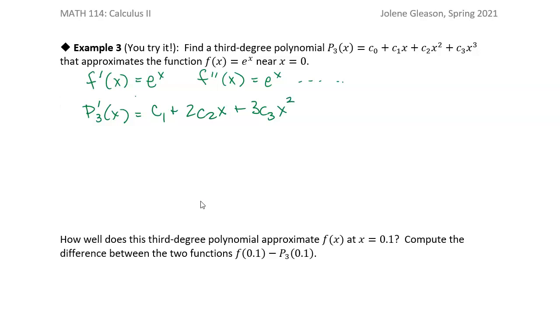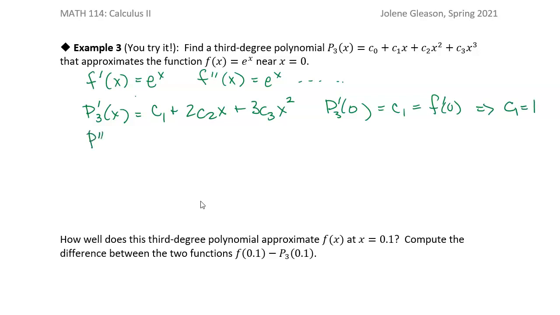And if we look at the first derivative at 0 of that function, put in 0, everything goes away except for c1. And I know that f prime at 0 is 1. So that tells me that c1 is equal to 1, just like we had before.